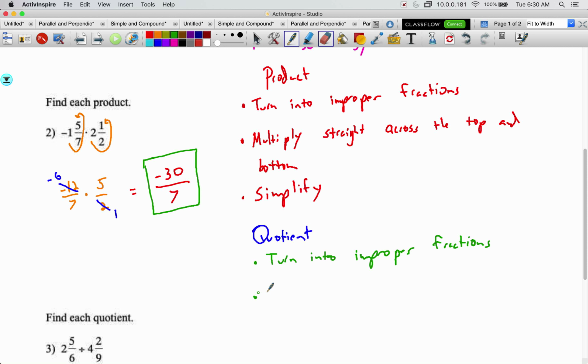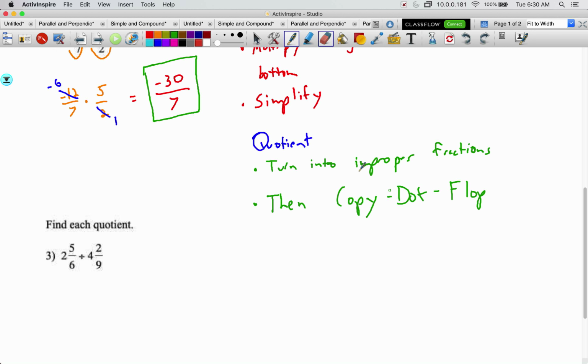All right. Then copy, dot, flop. This turns any division problem into a multiplication problem. All you have to do is copy the first one, write a dot for multiplication, flip the second fraction, and now you have a multiplication problem.